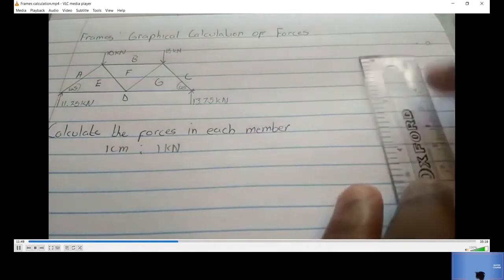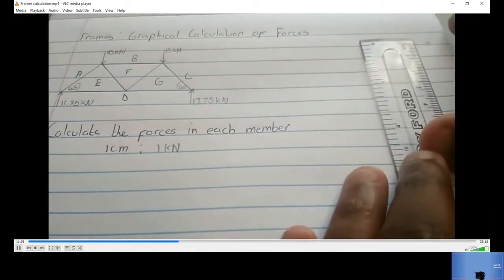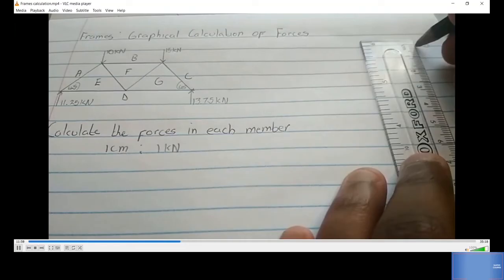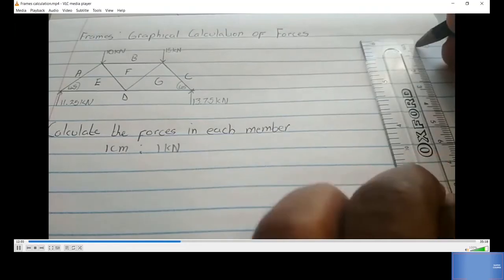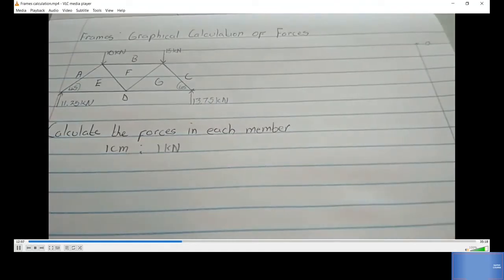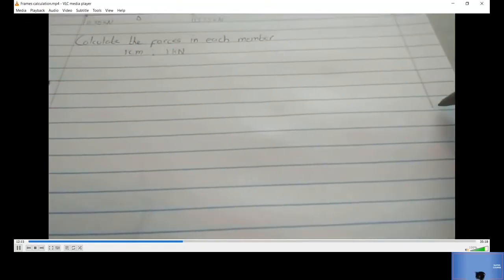That means that we can take our ruler, since 1 kilonewton represents 1 centimeter, and draw a vertical line going down, which is going to be 10 centimeters right there. It ends there. So that is our point B.